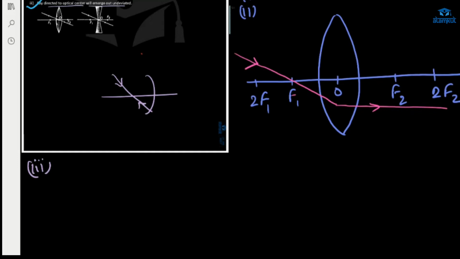And for the pole, when the ray is incident on the pole of the mirror, it will fall obliquely on the pole and reflect obliquely, following the law of reflection, that is sin i is equal to sin r.